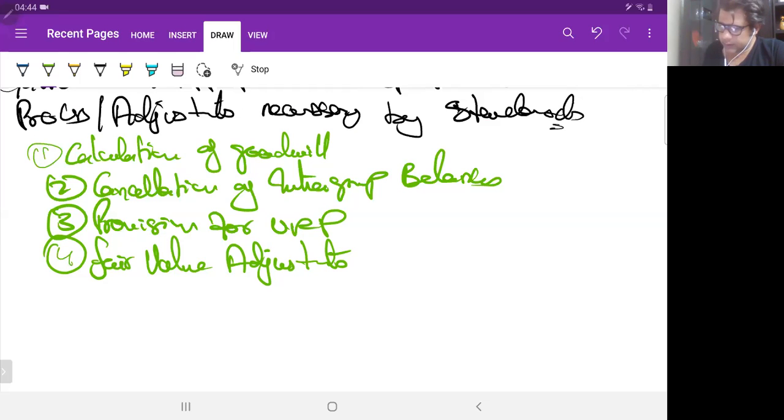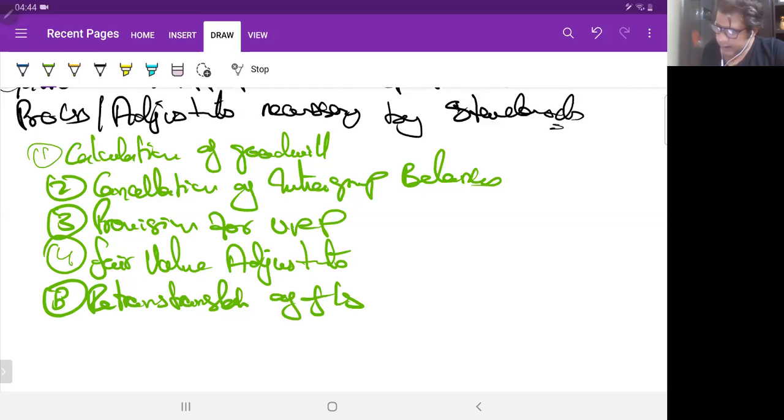Number five, retranslation of financial statements of components denominated in foreign currency, right?